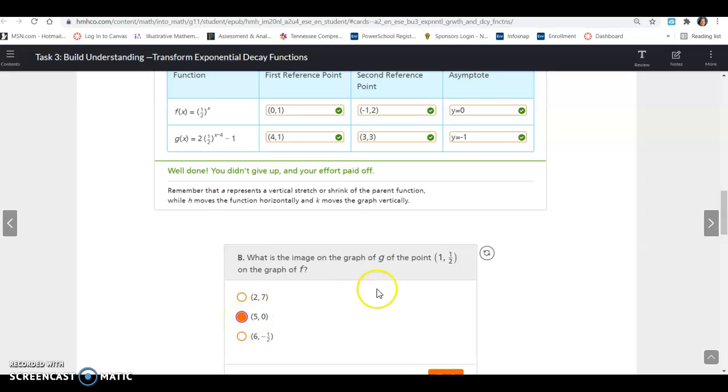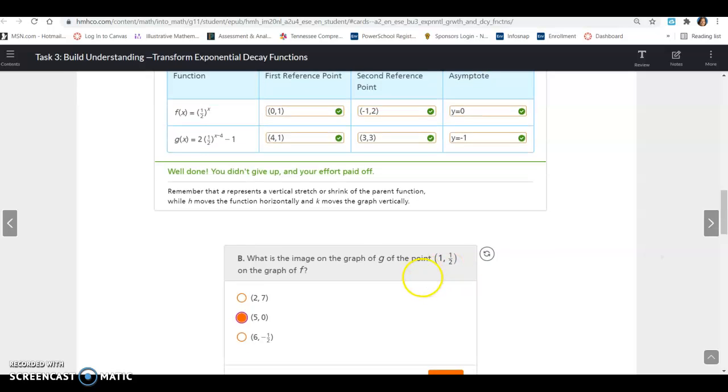So it has to be 5, and then 1/2, let's see, I'm not sure exactly what the 1/2 is going to do.